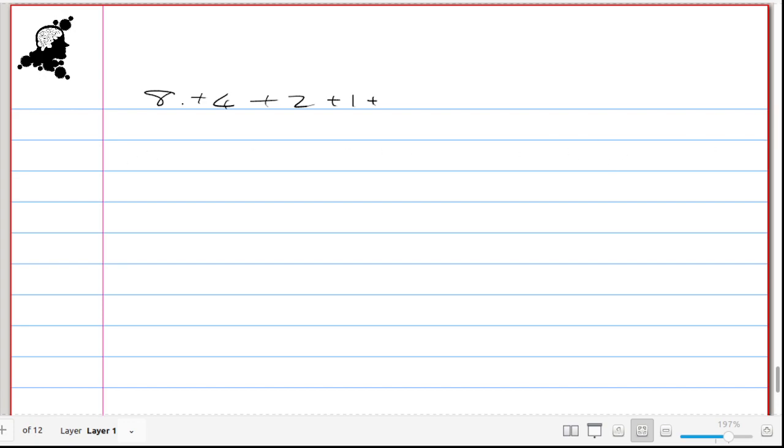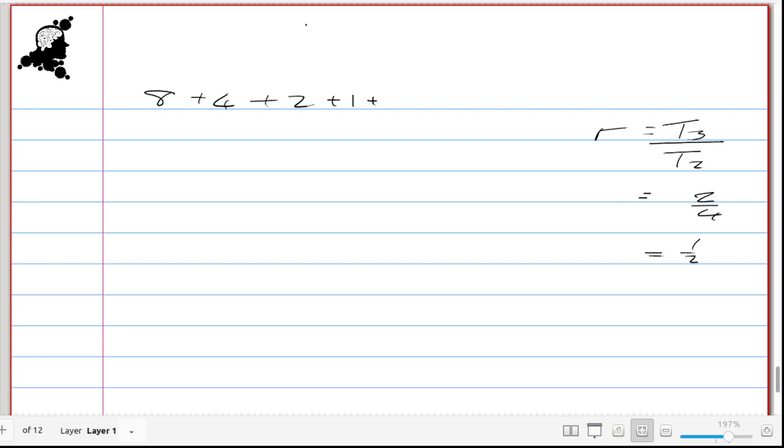To get the value of r, let me take, just because I want to, t3 divided by t2. You can take t4 divided by t3 or t2 divided by t1. You will still get the same answer because we've identified it's geometric. So this is going to be 2 divided by 4, which is giving us 1 over 2.